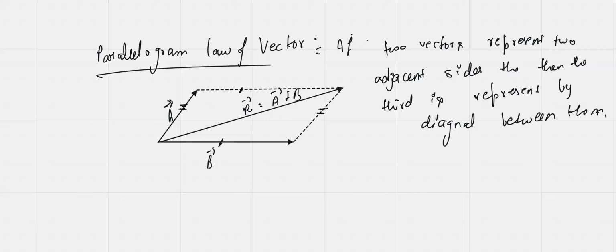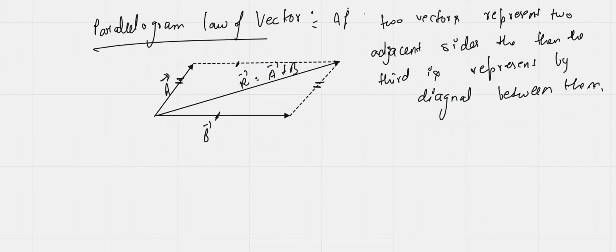Now, if I add more than two vectors. Till now, whatever we did was just for two vectors, where I got a third vector as the resultant. So how should I represent the addition of more than two vectors?